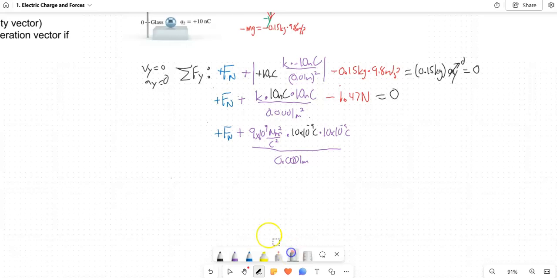Now what I can do is turn this into a number. So this 0.001, I'm going to turn that into an exponent, and I'll show you why in a second.